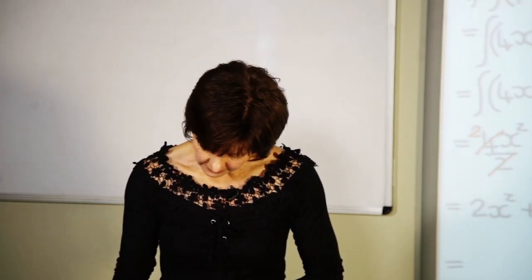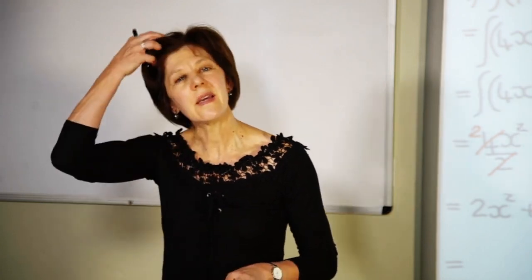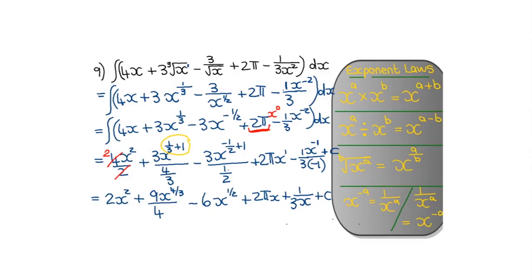No, because I see I have some exponents that are in fraction form, which means I can write them into surd form. So I still have to write them into surd form. So my final answer will be 2x squared plus 9 over 4. And I know I can write this into surd form.